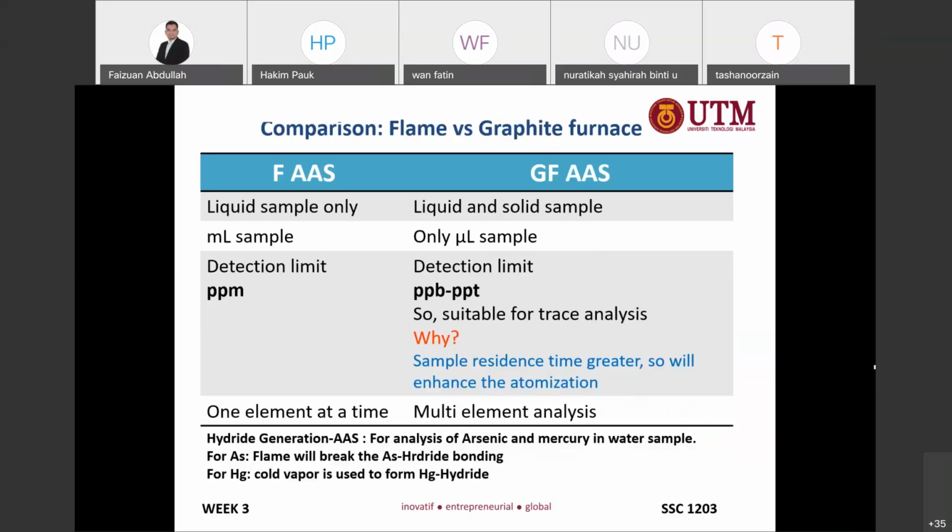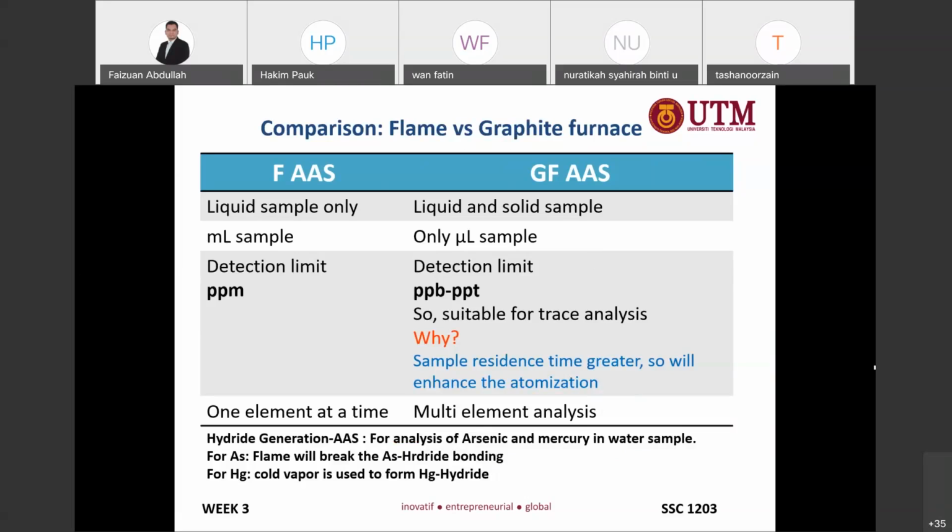Compare flame AAS and graphite furnace AAS. Look at the table. For flame AAS, the liquid sample only. But for graphite furnace AAS, we can analyze other sample types too.